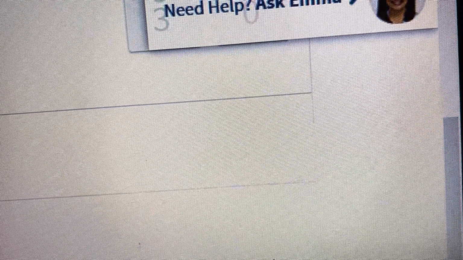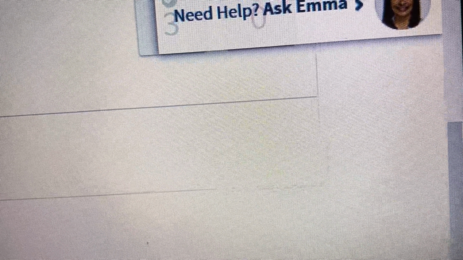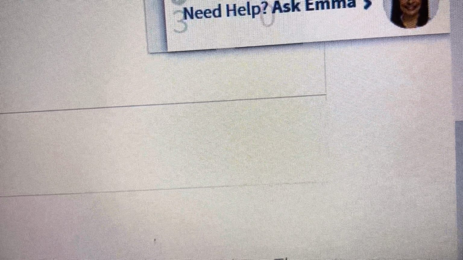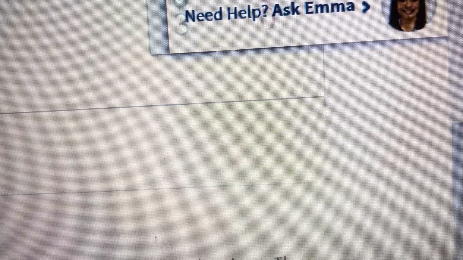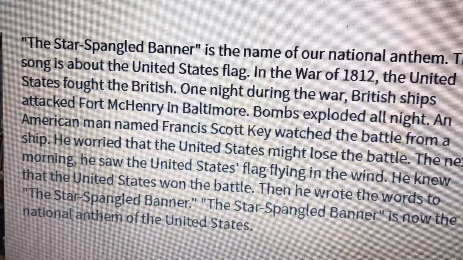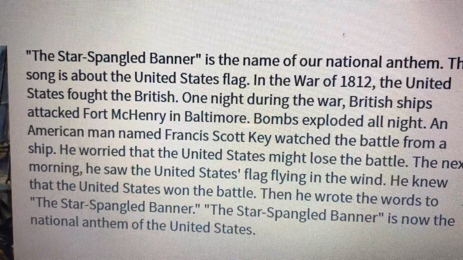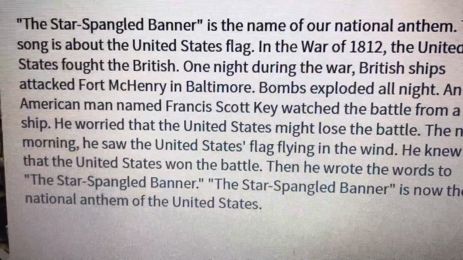He worried that the United States might lose the battle. The next morning, he saw the United States flag flying in the wind. He knew that the United States won the battle. Then he wrote the words to the Star Spangled Banner, which is now the national anthem of the United States.